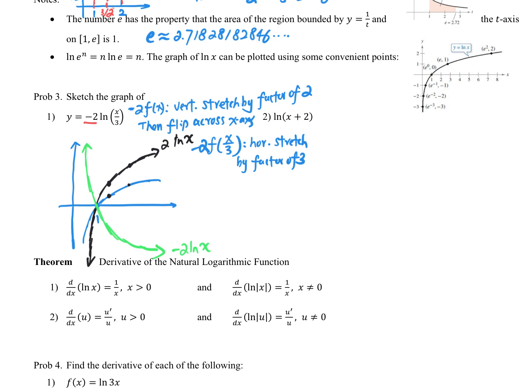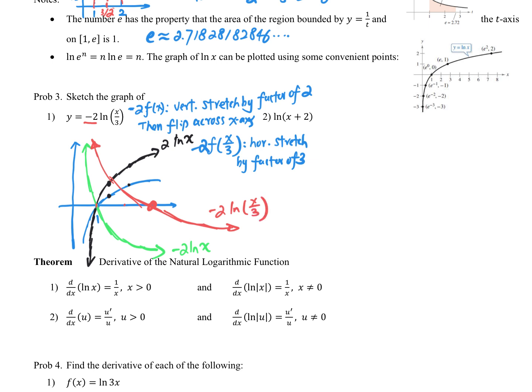That means you just need to multiply everything by 3. So when this is 1, this becomes 3, and if this were 2, then it becomes 6, further out. The graph will be stretched quite a bit. So it will be something like that, and this will be negative 2 ln of x over 3.